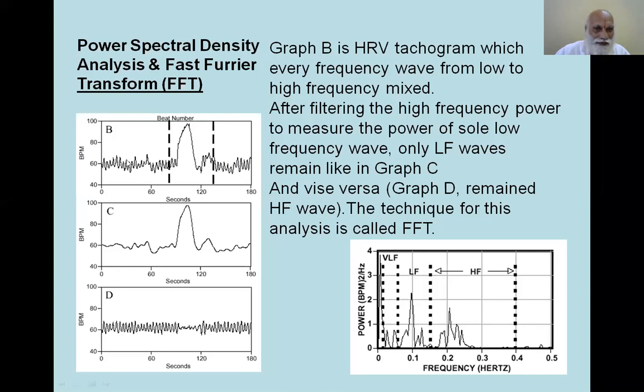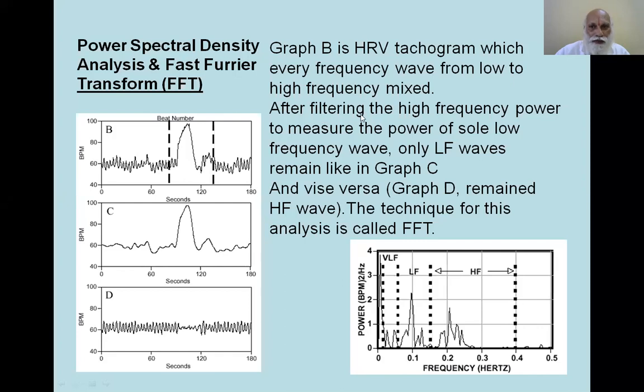This is a high frequency area, and this is a low frequency area. So if you see this graph B, the HRV diagram, every frequency wave from low to high is fixed. You find them all embedded in it.